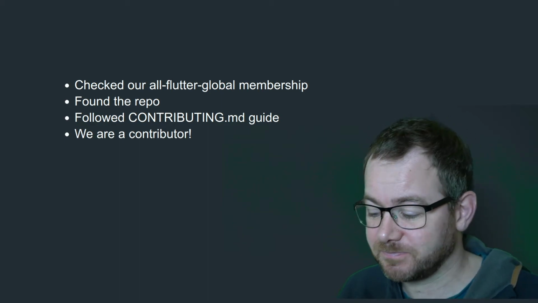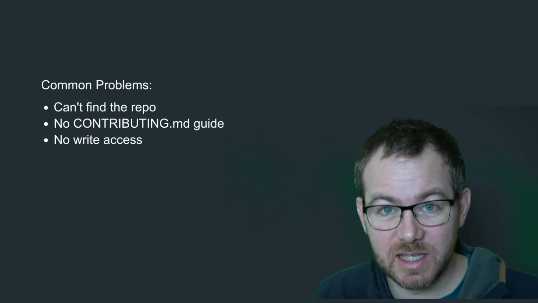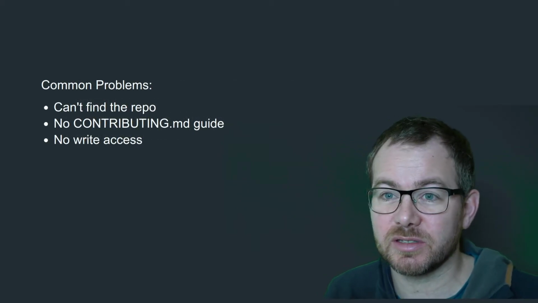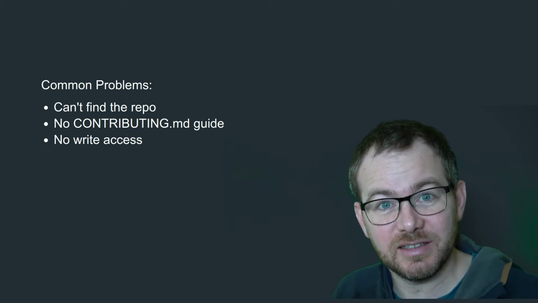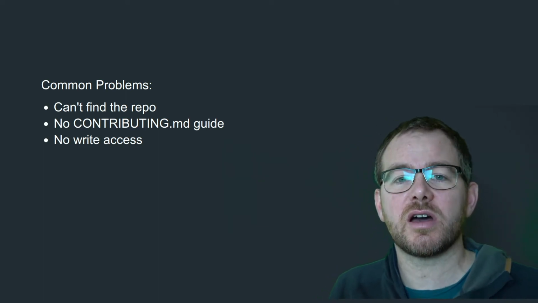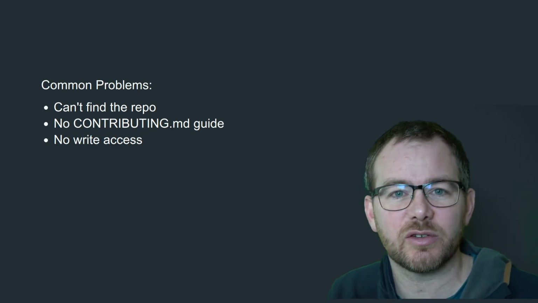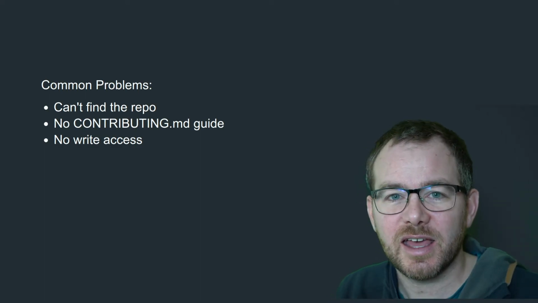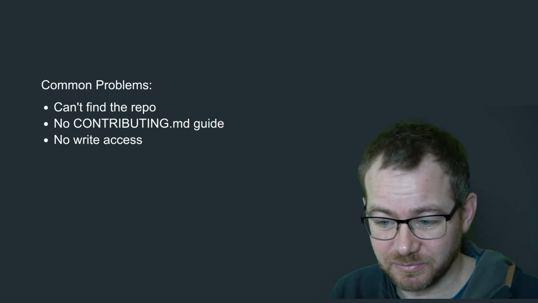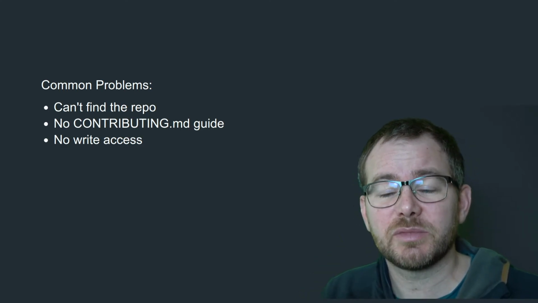Fabulous. Okay, that seemed very easy, and that's because it is, but there are often some hurdles that you might come across in reality, because reality is often a little bit more messy than a demo. So here's some typical problems.